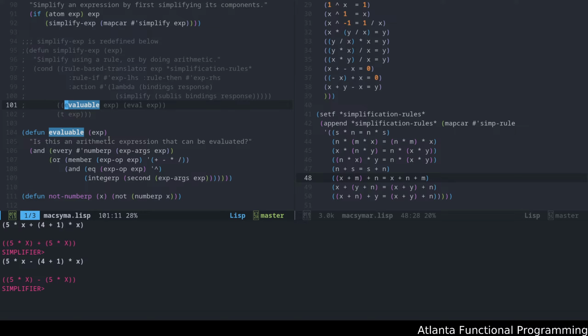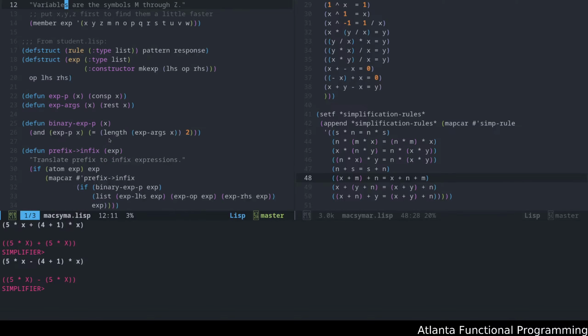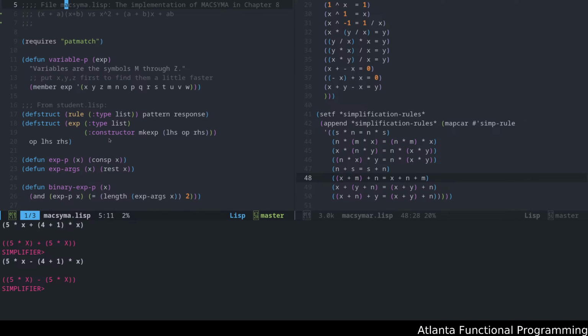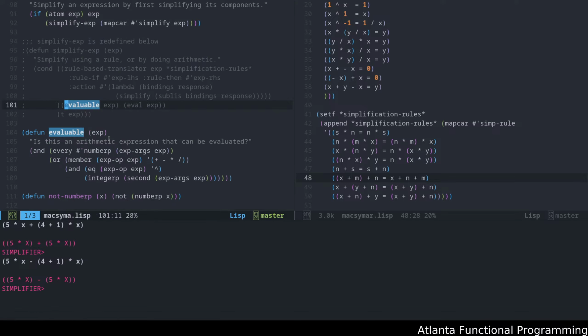And you can get that through the exp op function from the structure, because recall that we've defined the structure for the expression as being the same as the pattern matching that we've encountered with the student example. And in the student example, remember there's a left-hand side, a right-hand side, and an operator as indicated by line 20. So what this is actually doing is checking based on the arguments that are passed into the expression.